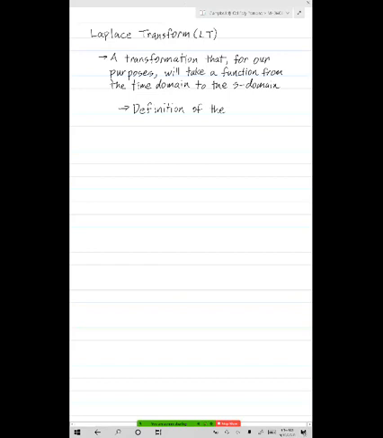So the definition of the Laplace transform is F of s, which is our transformed representation of the function, is equal to the integral from 0 to infinity of e to the negative st times f of t, where f of t is, of course, the function that we're starting with in the time domain.